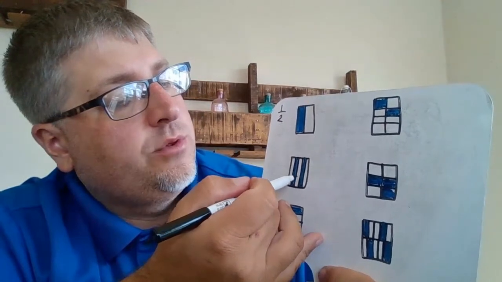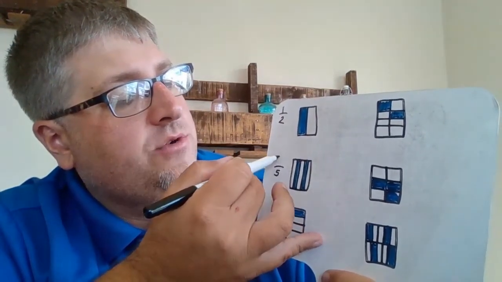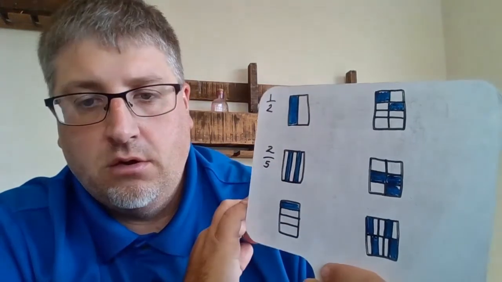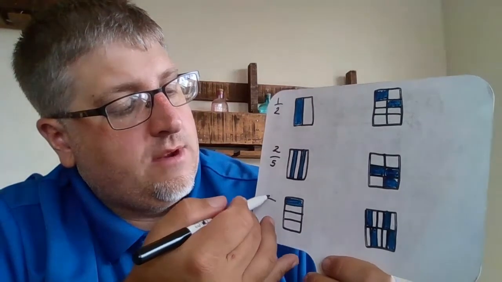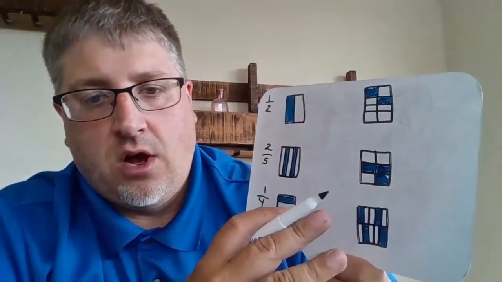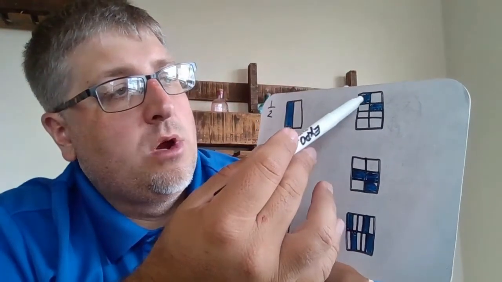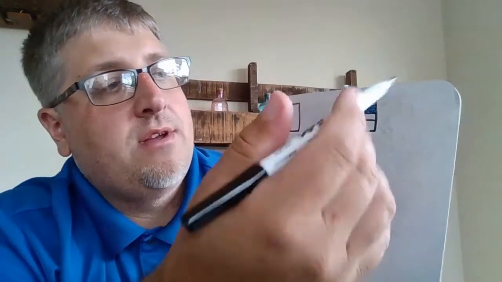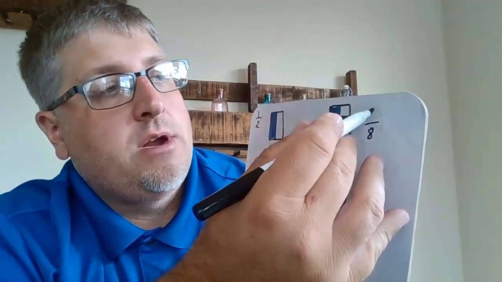We have 1, 2, 3, 4. We have our denominator here is 5, and I got 2/5 over here. This is an easy one. 1, 2, 3, 4. We have 1/4. Okay. We're going to solve all these problems, and then it'll be easier for us to match up. Over here, I have 1, 2, 3, 4, 5, 6, 7. We have 8 for our denominator, and our numerator is 2.